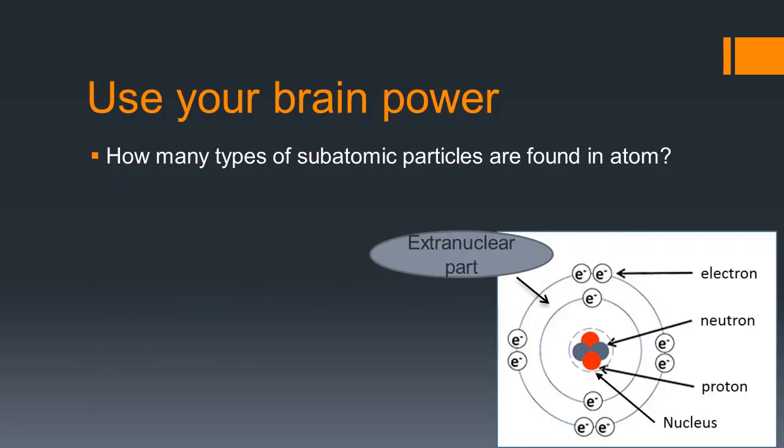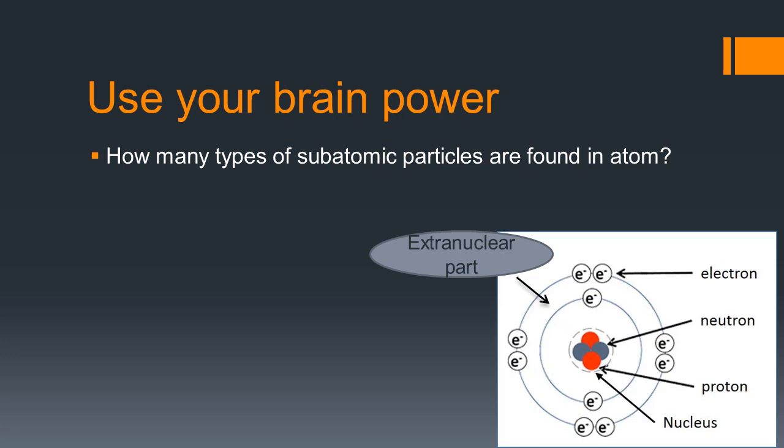Okay students, use your brain power. Before starting the chapter we will see some questions. First: how many types of subatomic particles are found in atoms? You can see a picture showing subatomic particles.